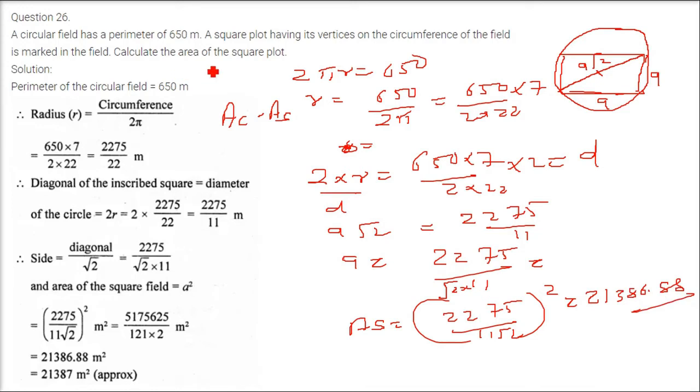We have to calculate the area of the square plot, so we don't have to worry about the rest. Again, we drew a circle, the perimeter is given, so we took 2 pi r equal to 650, found r, and this radius plus this radius, the diameter, is the diagonal of the square also. The diagonal of the square is A root 2 if the side is A, and we found it as 2r. So we equated it and found A, and then computed A square.